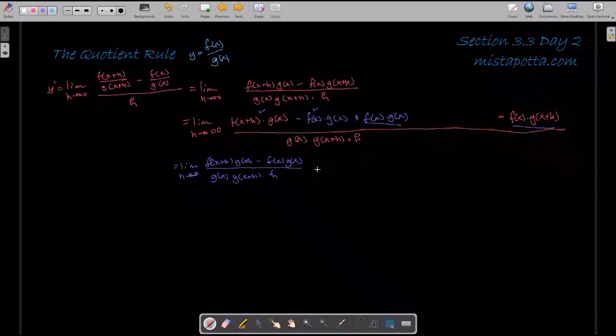So I'm going to rewrite this as a subtraction of the limit as h approaches 0 of this term minus this term, basically multiplying through by a negative 1 in order to get the first term, the positive term, to be my x plus h term.